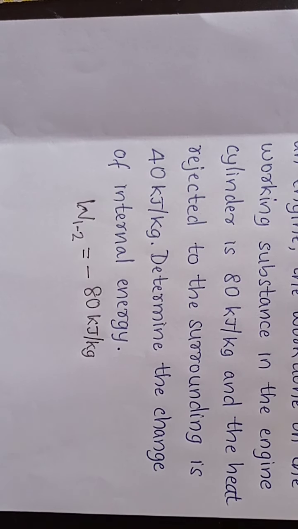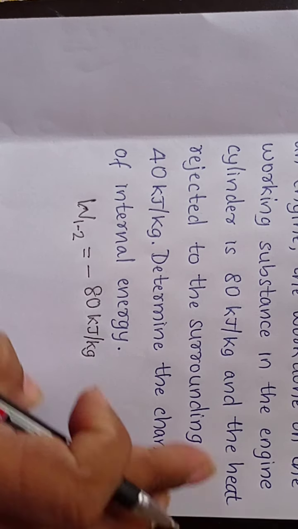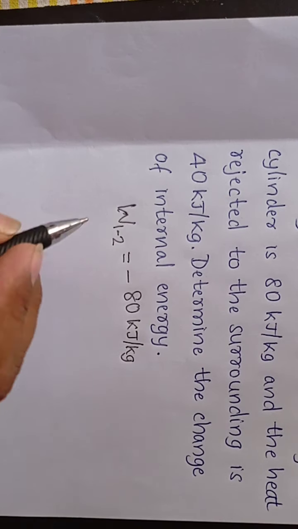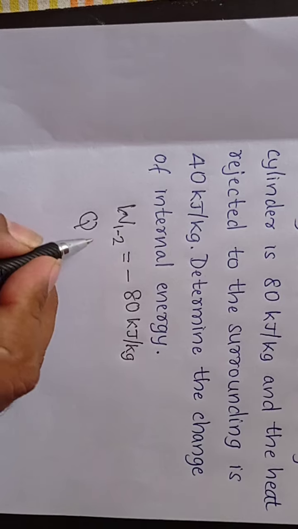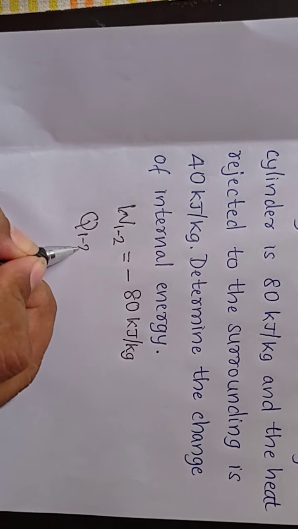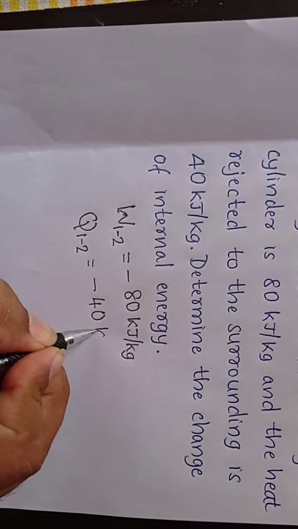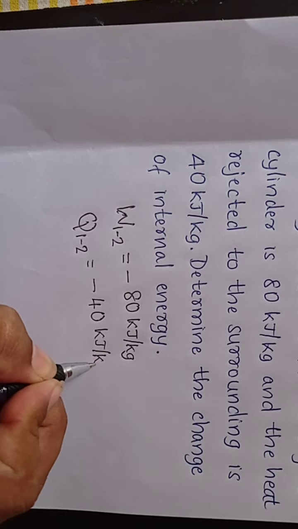Then next he says the heat rejected to the surroundings is 40 kilojoules. So Q12, the amount of heat rejected, is minus 40 kilojoules per kg. So heat rejected also is negative.